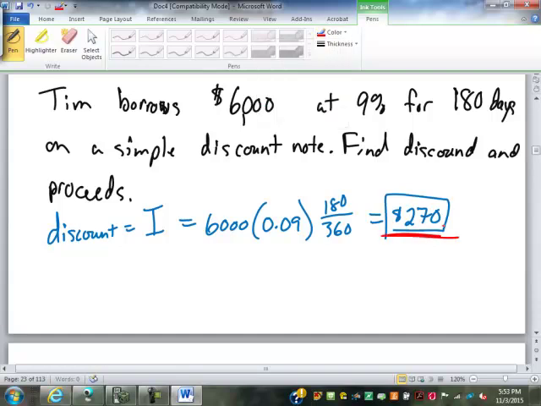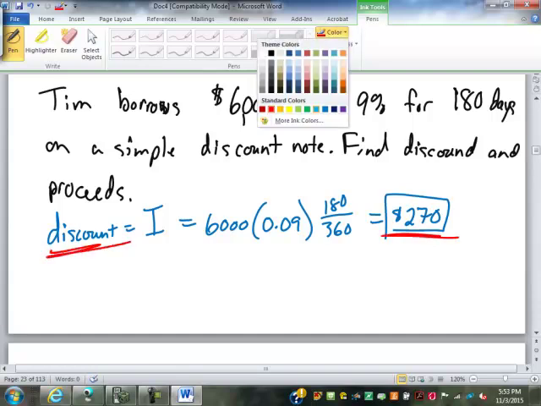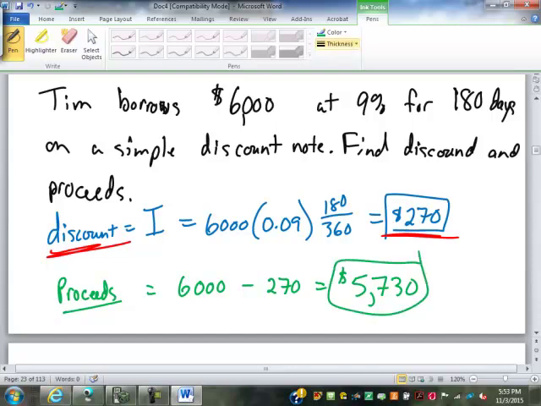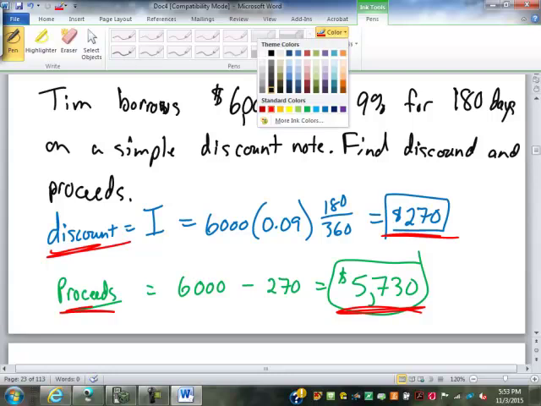So that is the discount right there, $270. The proceeds are going to be that face value of $6,000 minus the discount of $270. So $5,730. That is the proceeds.